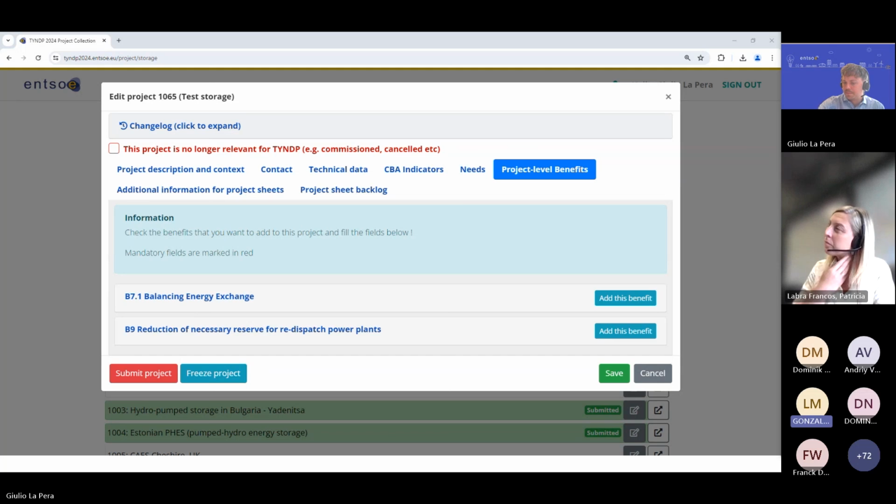Is it mandatory to make again the simulations and the calculations of these benefits, or is it enough with the presentation or with the information already in the platform regarding these benefits?